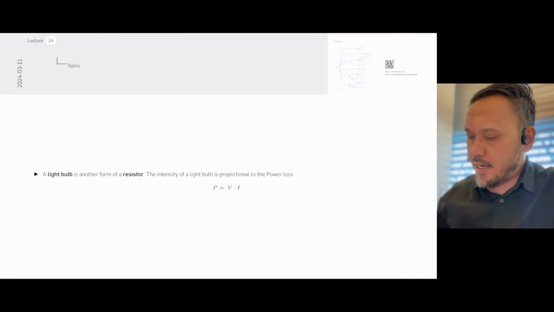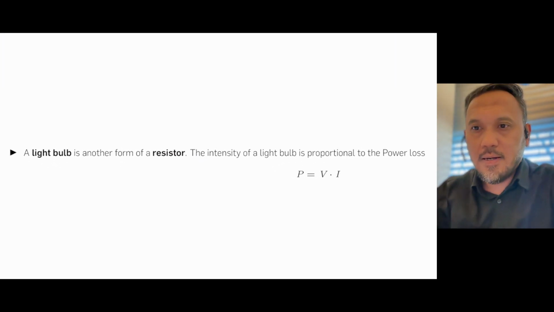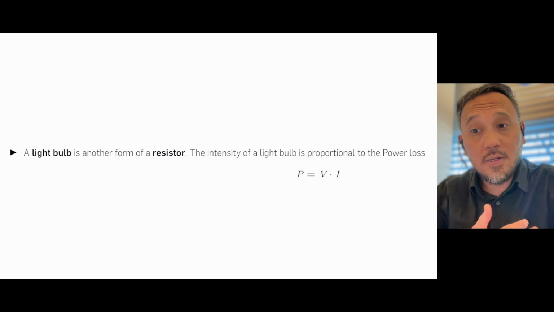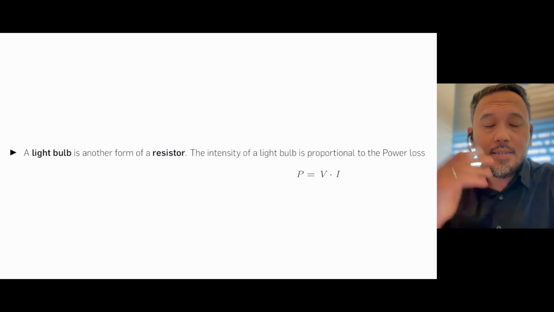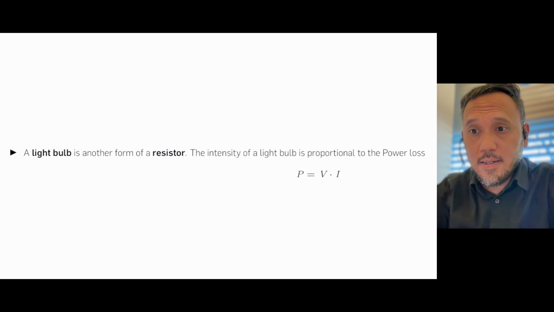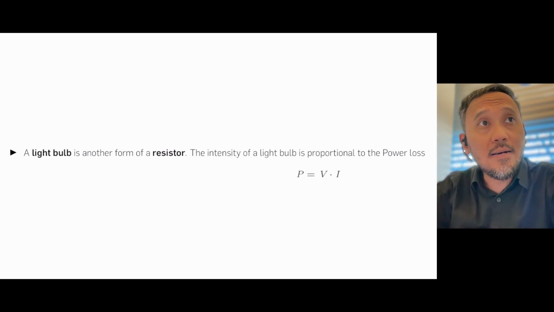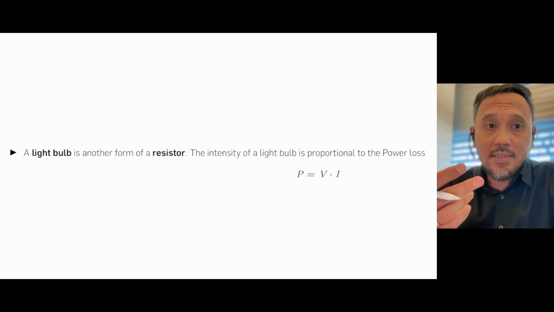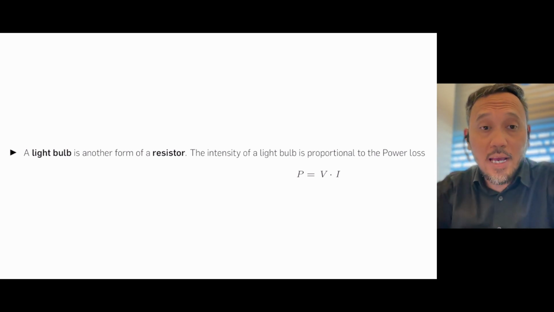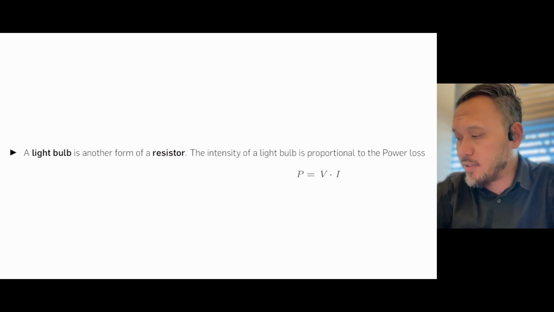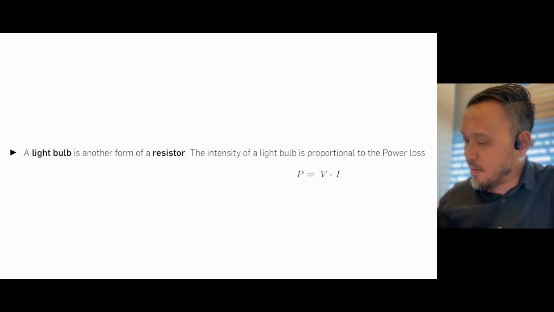Next, one thing that I didn't emphasize or give you examples of is the light bulb. When you touch a light bulb it is hot, and it burns yellow, because basically it's a heating element, or a resistor. The brightness or intensity of a light bulb depends on its power loss, P equal to V times I, where P is power.